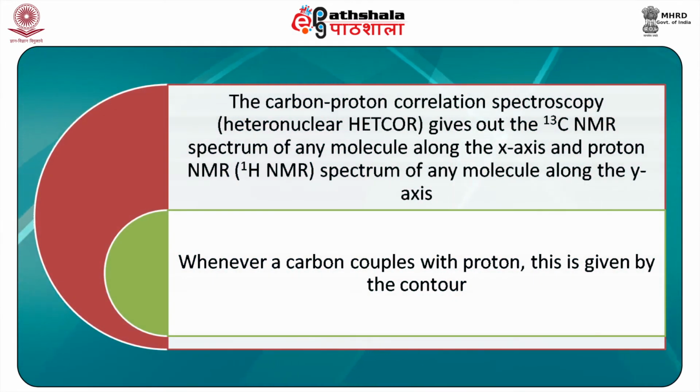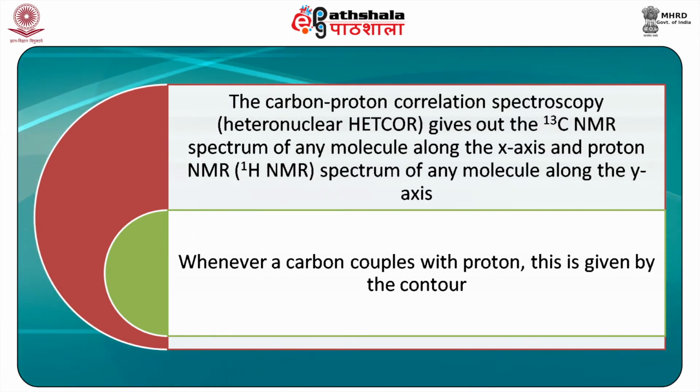Now talking about HETCOR, the carbon-proton correlation spectroscopy, that is heteronuclear HETCOR, it gives out the 13C spectra of any molecule along the x-axis and the proton NMR spectra of any molecule along the y-axis.